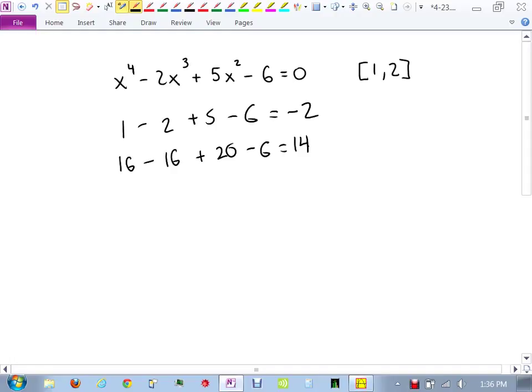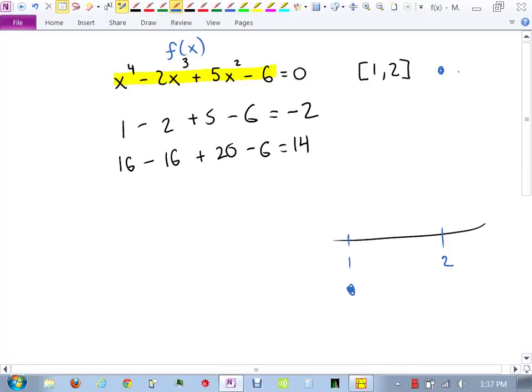That's it. Because at 1, if I were to look at the left side of this as a function, if I plug in 1, I get negative 2. And if I plug in 2, I get 14. So my graph must go from the blue, connect the blue points. And it has to be continuous, right? Meaning I can't pick up my pencil. Why?